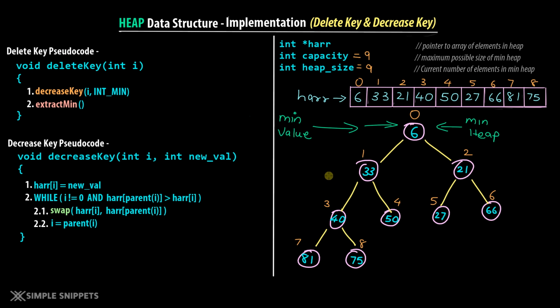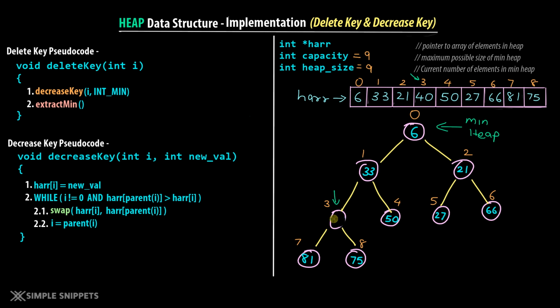Now when you want to delete a particular value in this heap data structure, we take an indirect approach. What do I mean by that? So let's say you want to delete the value 40, which is at index position 3. You can see at index position 3 over here, and diagrammatically it is placed at this location. You want to delete this value. So the approach that we're going to do is we're going to make this 40 a minimum value. So we're going to replace 40 with a very small integer value.